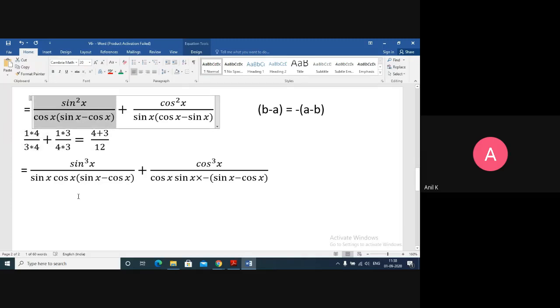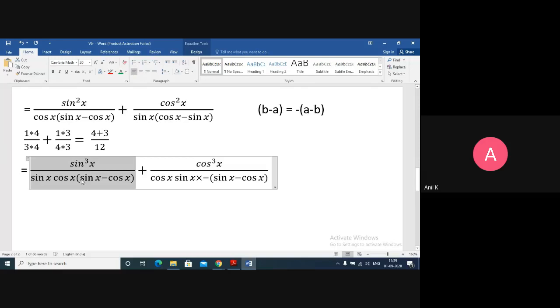For example, if I multiply a square with a, it will become a cube. Already I have sine square x, and I am multiplying again with sine, so it will be sine cube x. So the numerator is multiplied. Now in the denominator, this term will again multiply with sine, so I'll get sin x into cos x into sin x minus cos x.